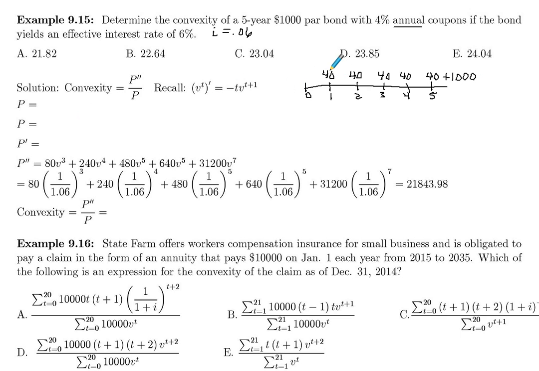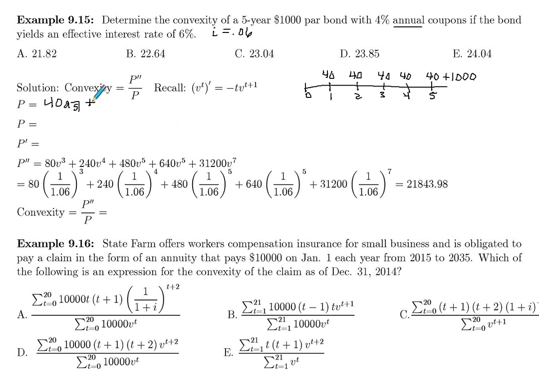Well, if we take this constant annuity of $40 for 5 years and bring that back to time 0, that's just going to be 40 times a angle 5. That'll be the present value of the coupon payments.